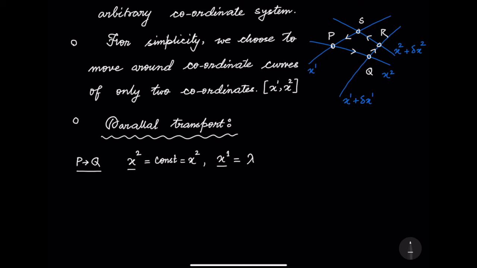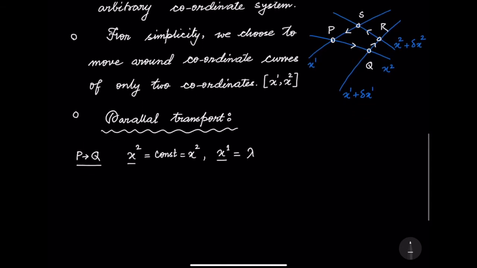So then what is the transformation from P to Q? Well, I have never said that P and Q are nearby points, but let's assume that they are nearby points.